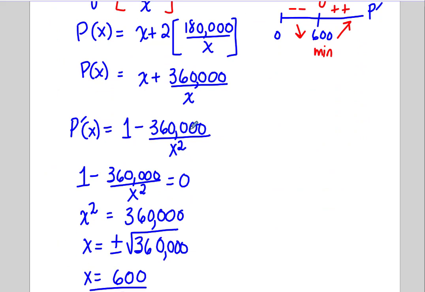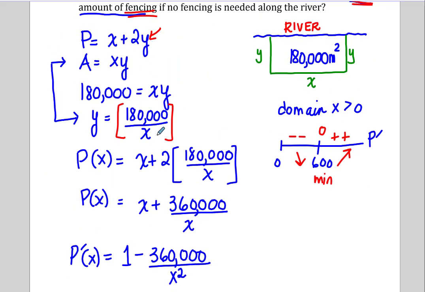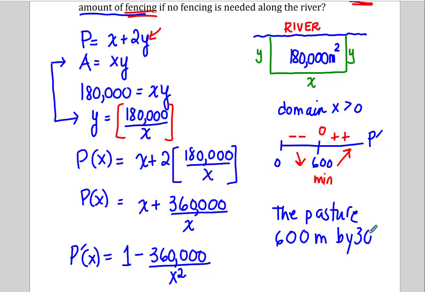And then we know the dimensions, because if x is 600, then y is 180,000 divided by 600. So y is 300, and that tells us the size of the pasture, the least amount of fencing. So the pasture would measure 600 meters by 300 meters.